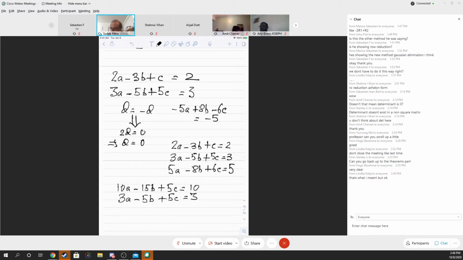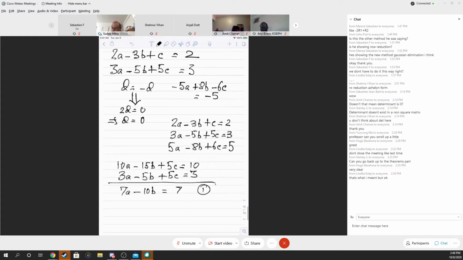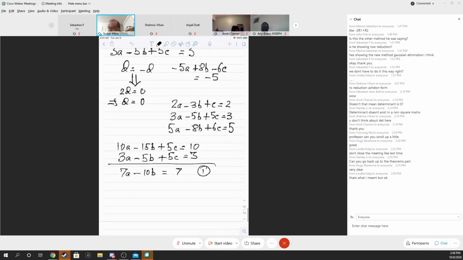Subtract. Minus 10B. And why don't I multiply the first row by 6?